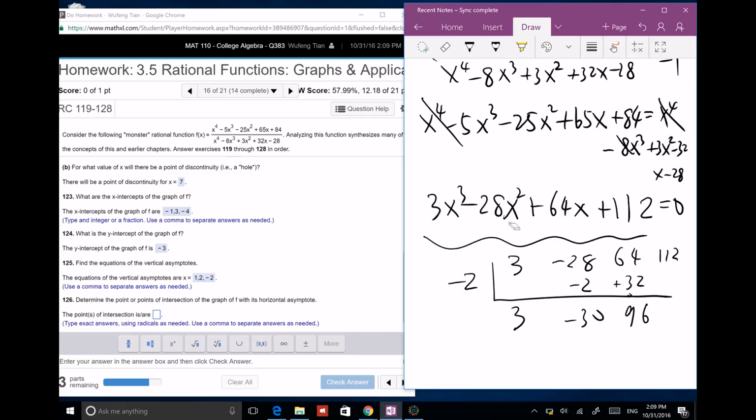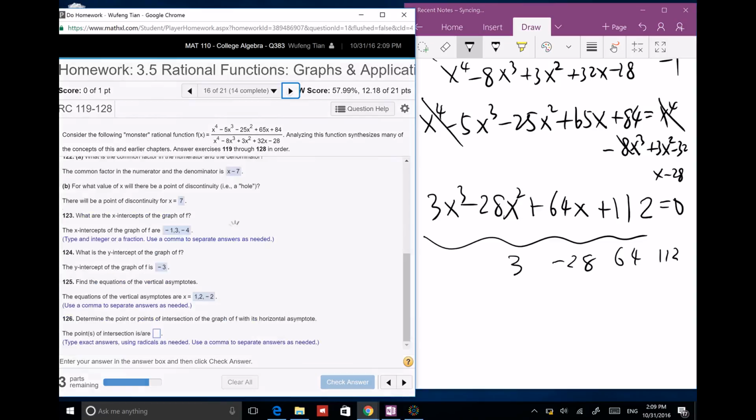Okay, so you can try negative 1, 2, 3, negative 3, negative 31, and positive 31, not working. So I think the best way, if you're going to do that, is to use an online graphing calculator. Graph the function, and you can solve for x.